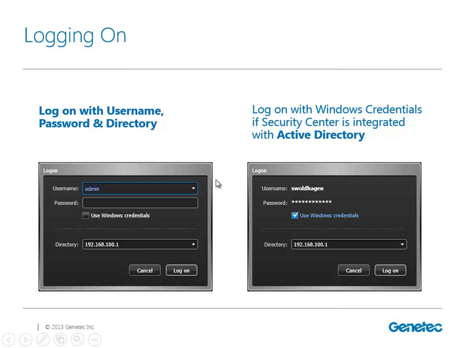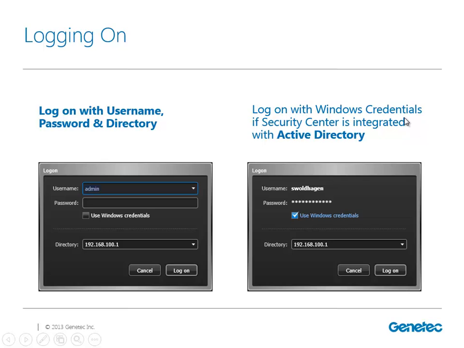Now on the right side, we notice that if we use Windows credentials, which is basically using the Windows domain controller to log in, we can actually use our Windows username if we do have a connection to a Windows domain system. This requires adding a different application.